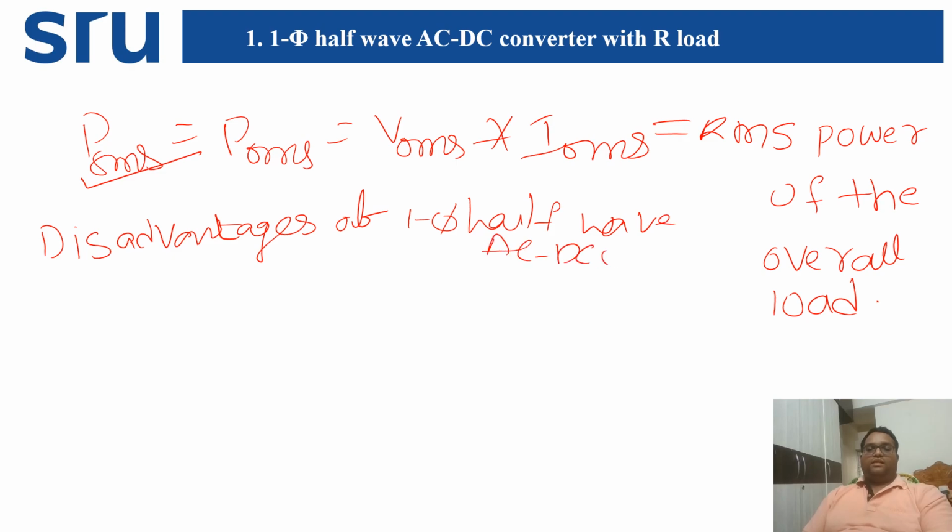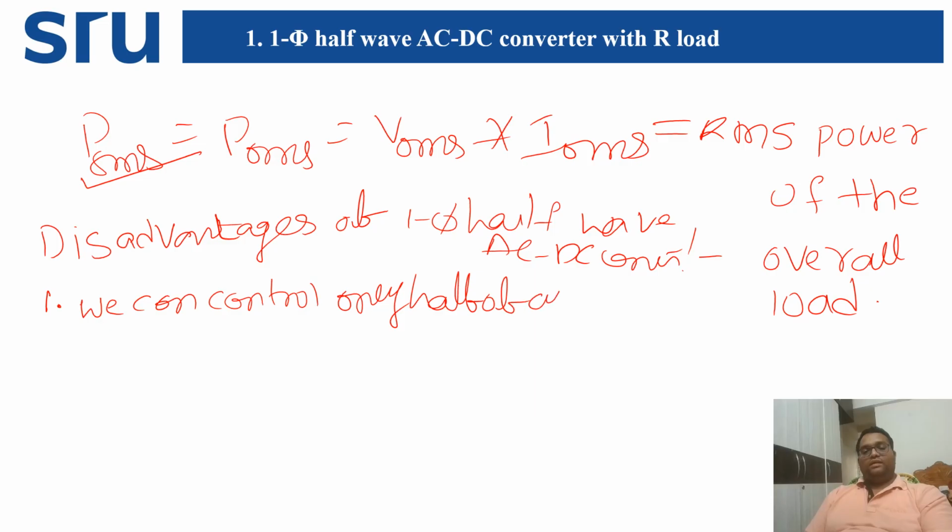AC to DC converter. The first foremost drawback of a single phase half wave AC to DC converter is that we can control only half of the cycle.